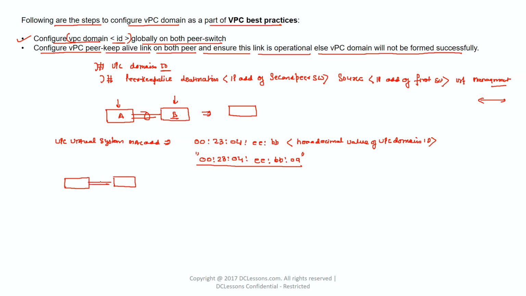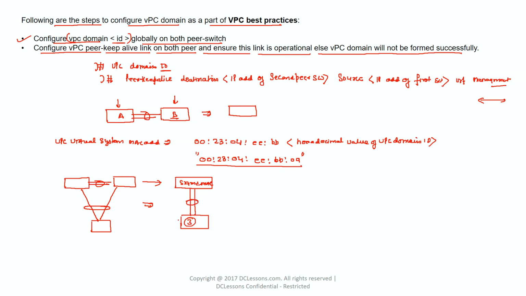And you are going to configure a port channel here on a VPC. So the two peer switches will logically act as a single device because of the same MAC, and to the third device it will look like it is connected to a single switch.